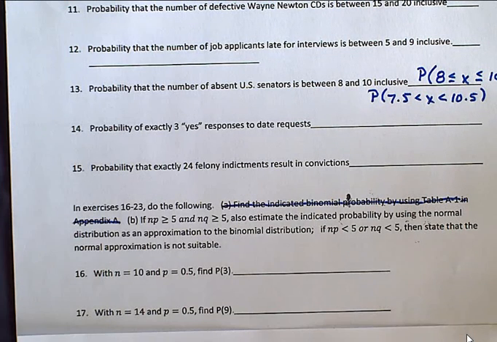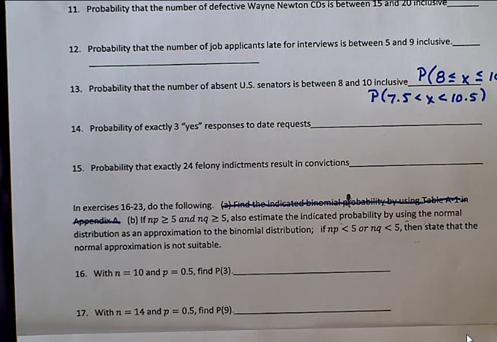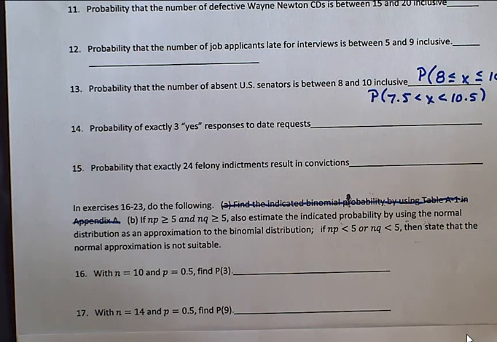And I'm going to plug in to find my z-scores. So 8.5 minus, remember that n times p is mu, and the square root of npq is your standard deviation.